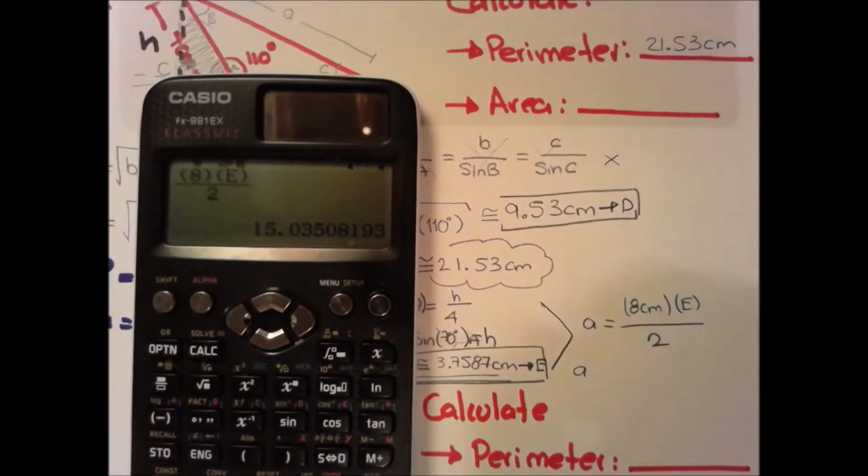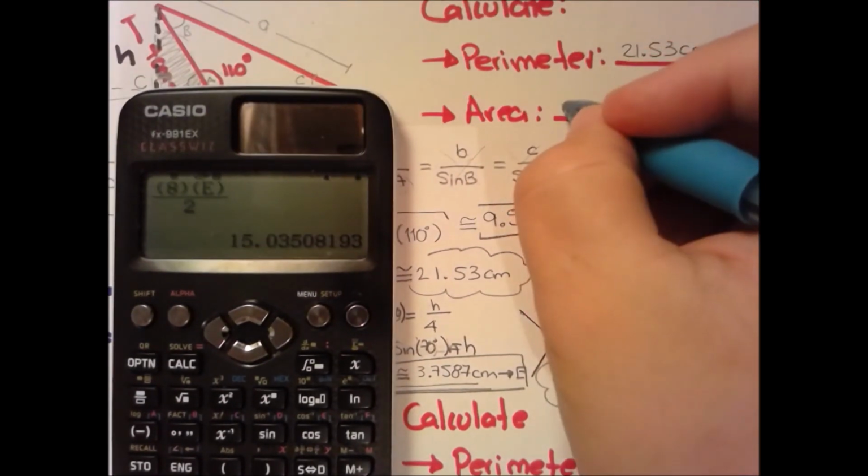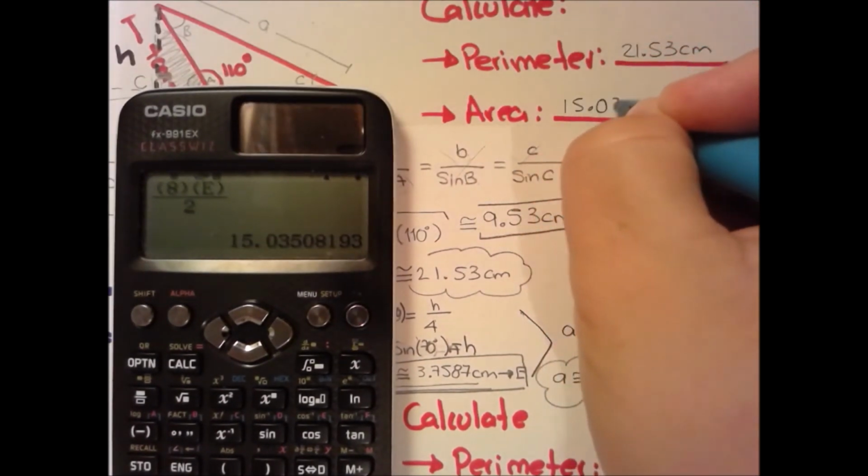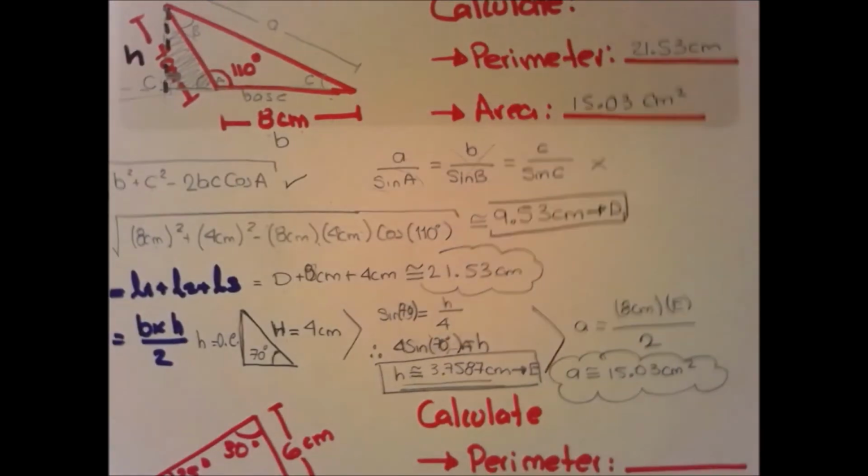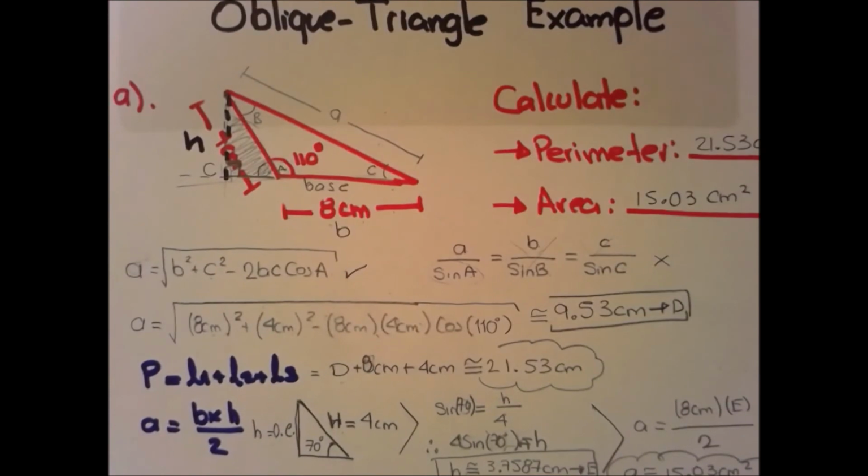It's going to be approximately equal to 15.03 square centimeters, and this is going to be the area. Let's put it over here, 15.03 square centimeters. All right, and it was the first problem of oblique triangle.